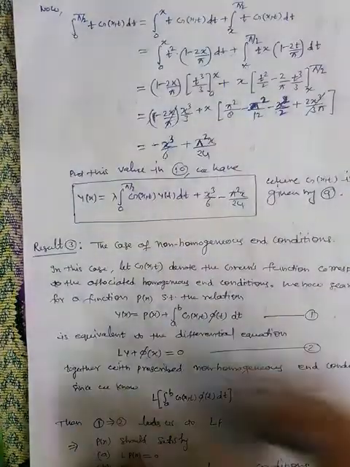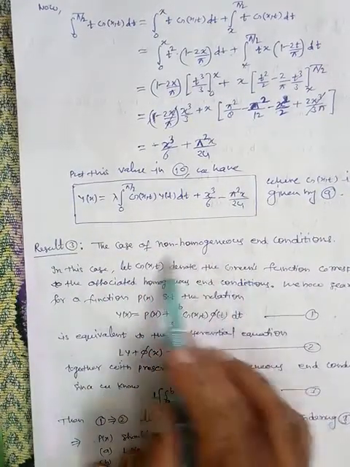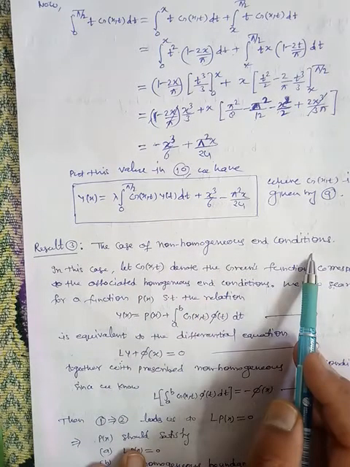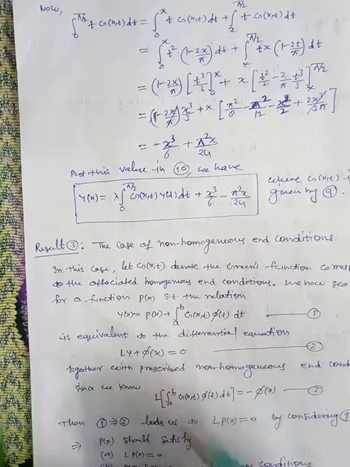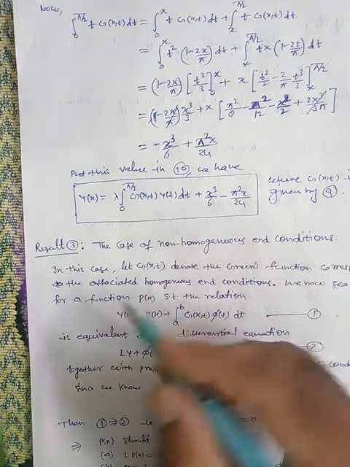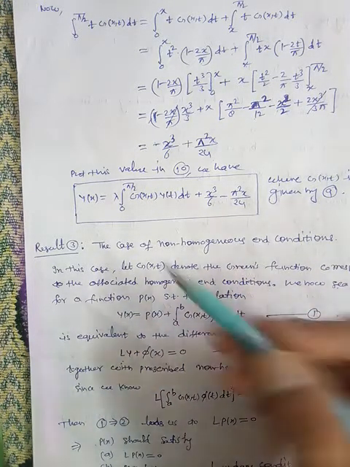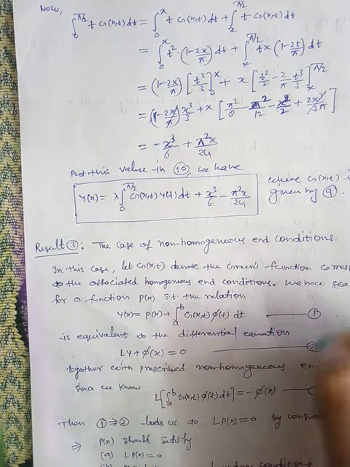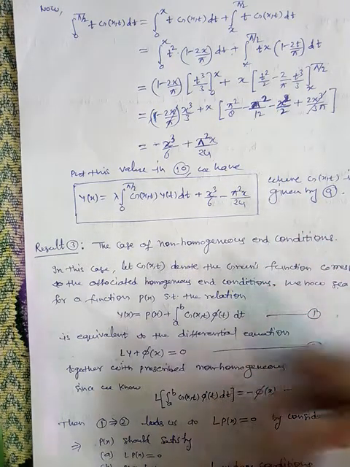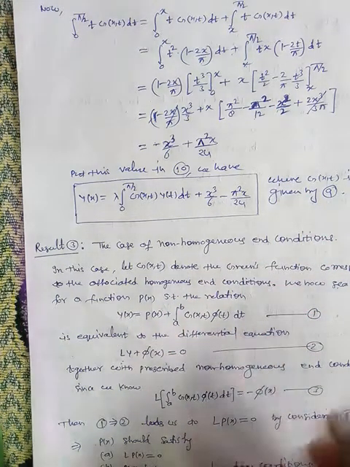But in the third result we are considering the non-homogeneous end conditions. That means the conditions are having different values at the right hand side. It may be that y at 0 is 0 and y at 1 is 1. So one has value 0, one has 1, so both are unequal, so non-homogeneous end conditions.